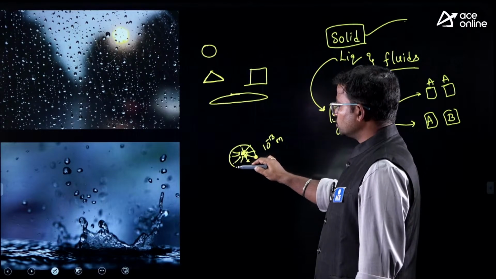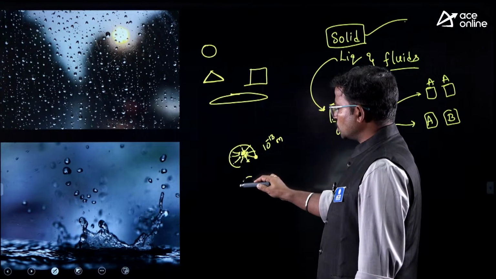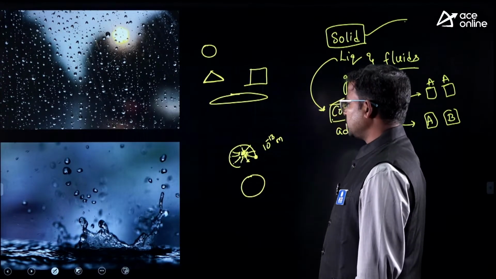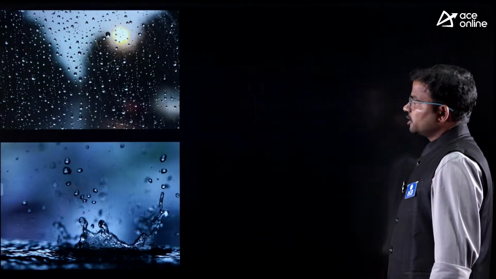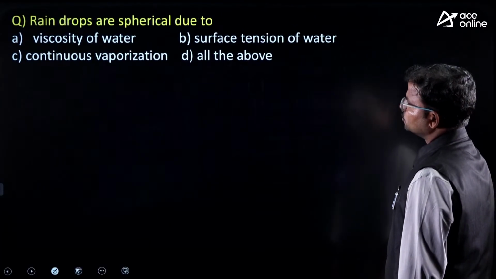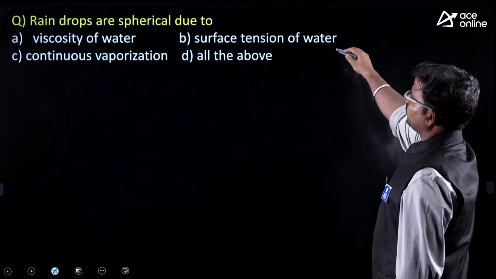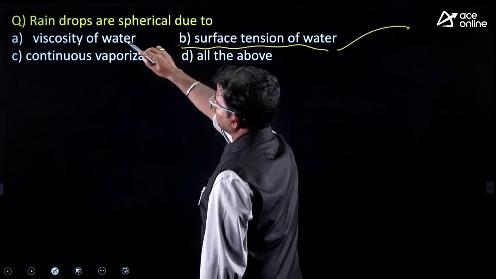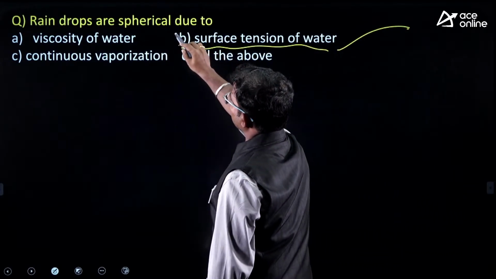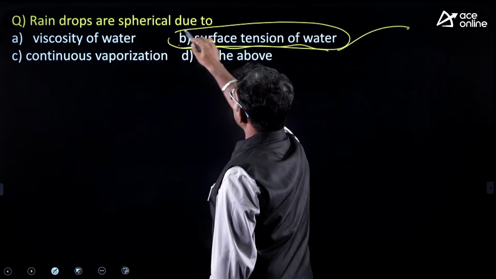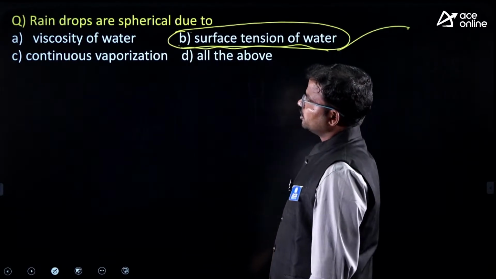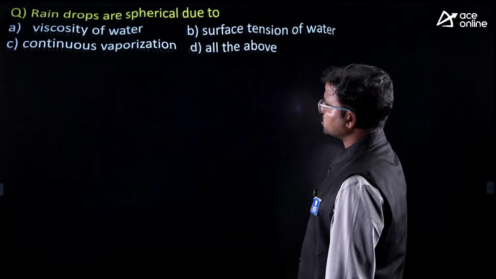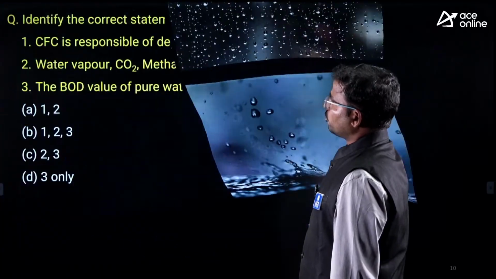Because of cohesive forces, it shows a spherical nature, spherical in shape. This phenomenon is called surface tension. So raindrops are spherical due to option B, surface tension. Option B is the right answer. Okay, next one.